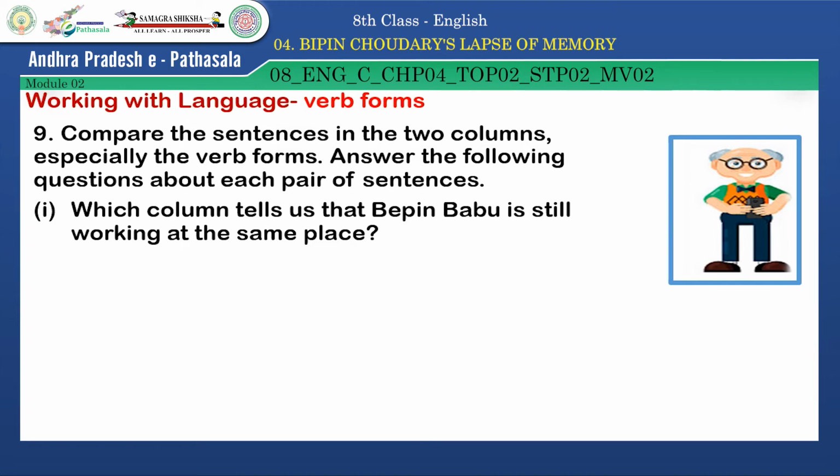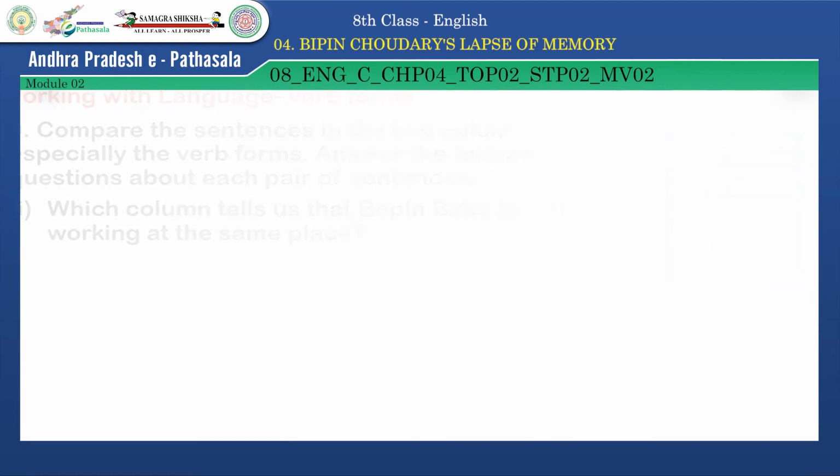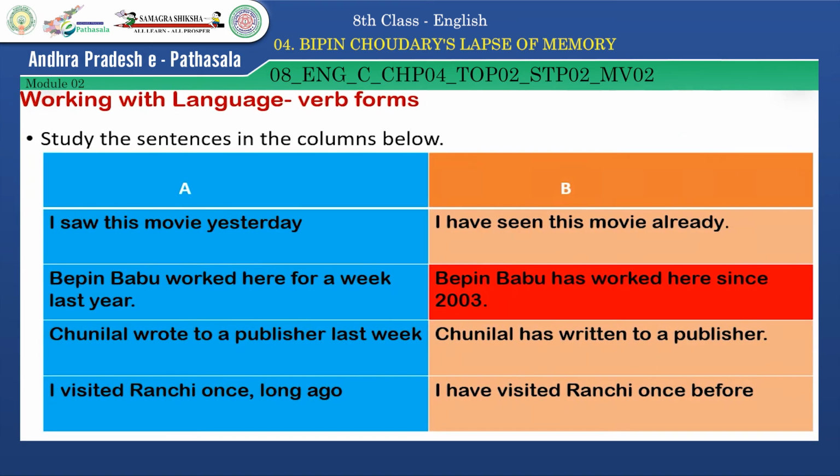I repeat, which column tells us that Bipin Babu is still working at the same place? To answer that question, let's have a look at the table. Yes, here. Bipin Babu has worked here since 2003. So he's still working.